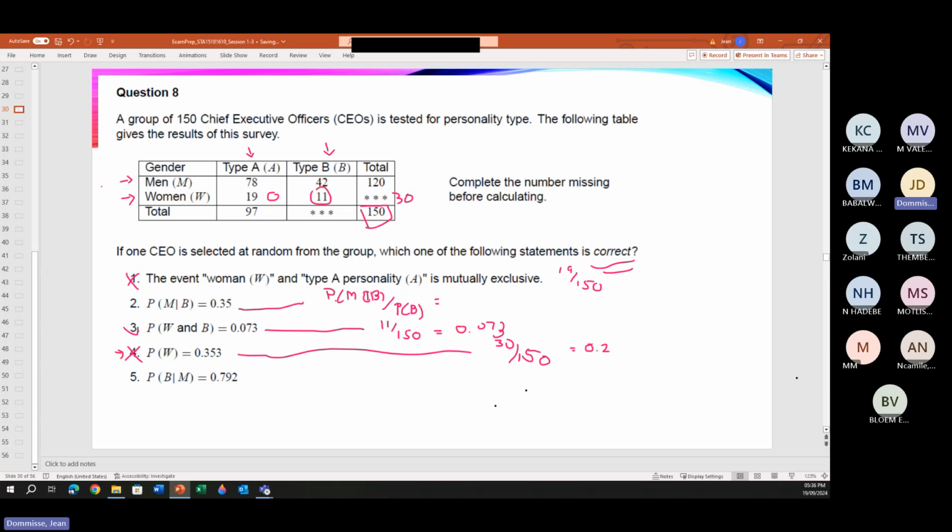Okay, so that will be probability of M and B, so that's the 42.